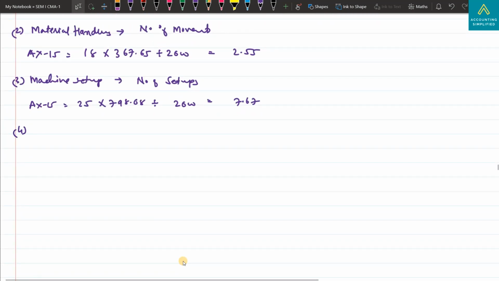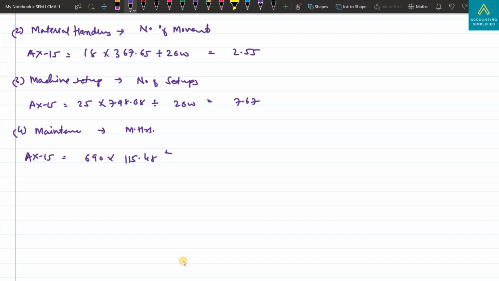Next, the fourth point, maintenance, is based on maintenance hours. For product AX15, I am quickly doing this: 690 into 115.48 divided by 2600 comes to 30.65.